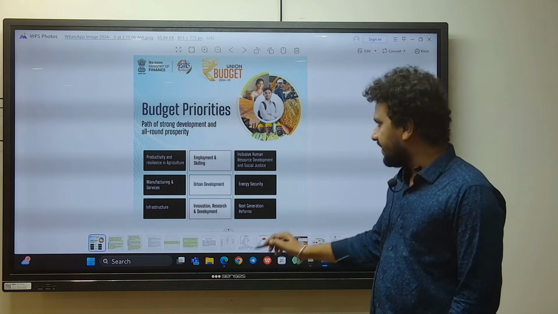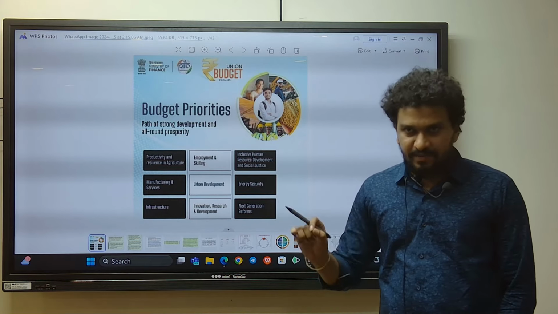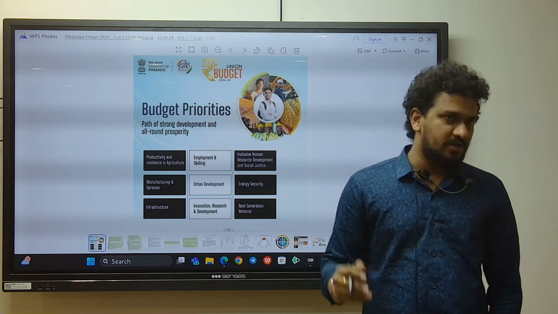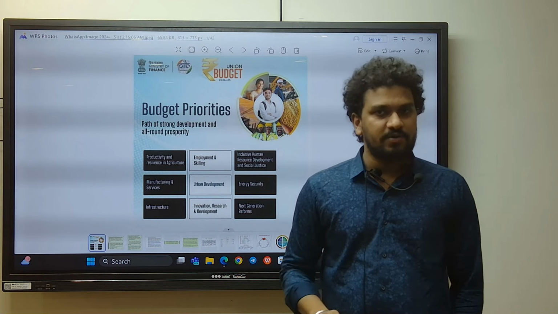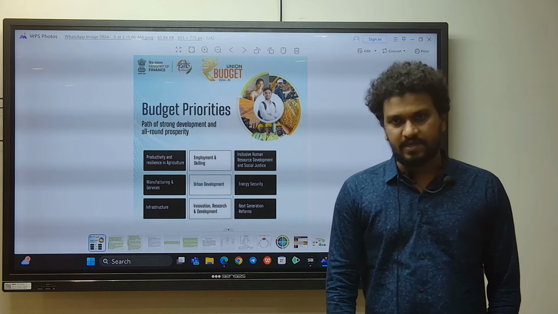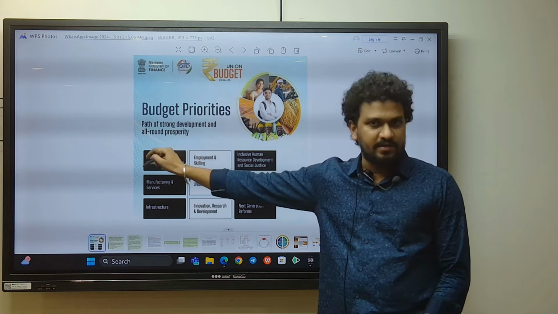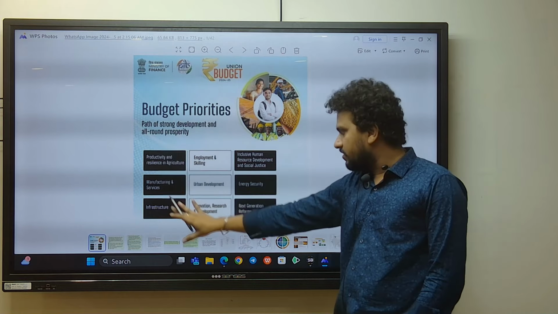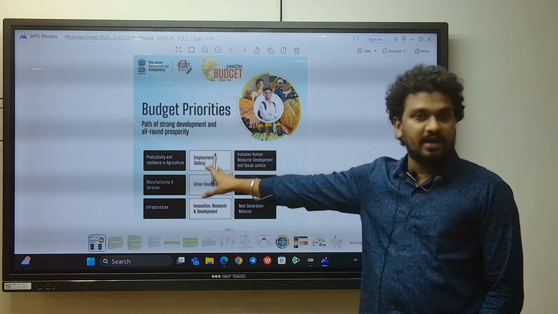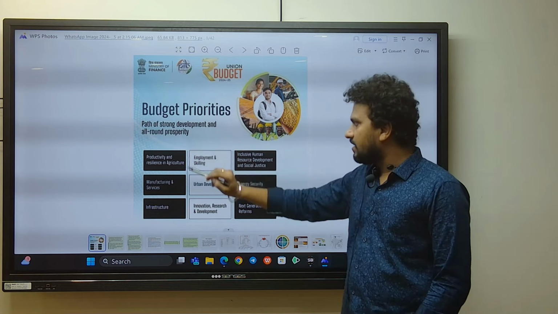It has identified 9 areas as its priority areas, where it will be devolving funds, which will ensure economic growth and also have an impact on the lives of all the people it has mentioned in the first place. So the path for stronger development and all-round prosperity can be ensured if we focus on these 9 priority areas.